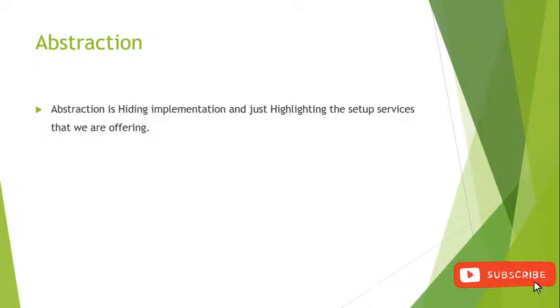If we take the car example, when we turn the key, the car will start, right? But we don't know the internal implementation of that. We only know the important thing: if the key is rotating, our car will start. We don't know the implementation. So that is the meaning of abstraction.